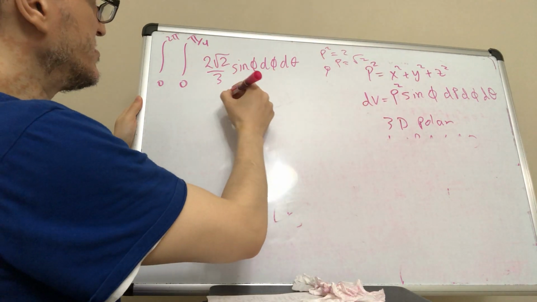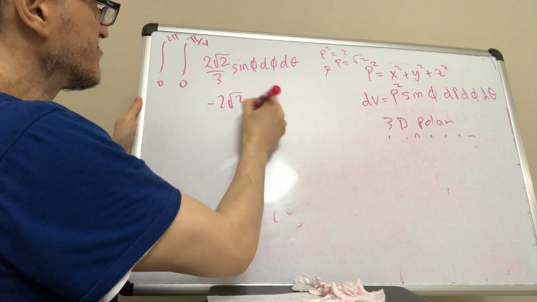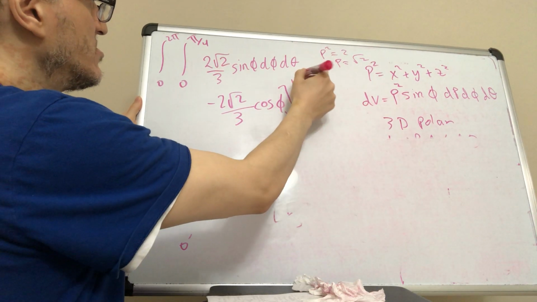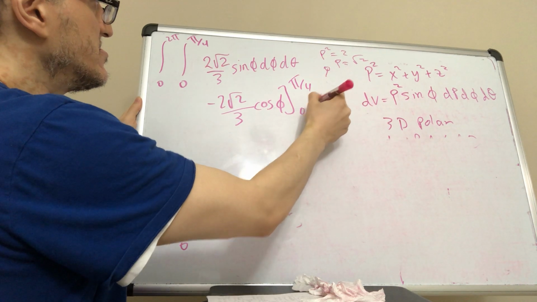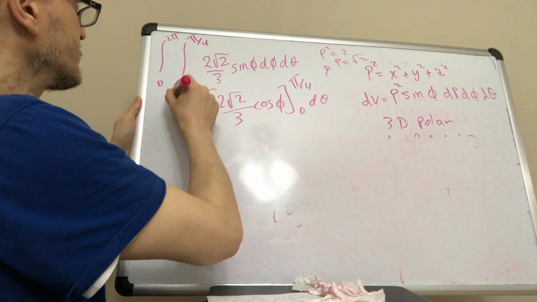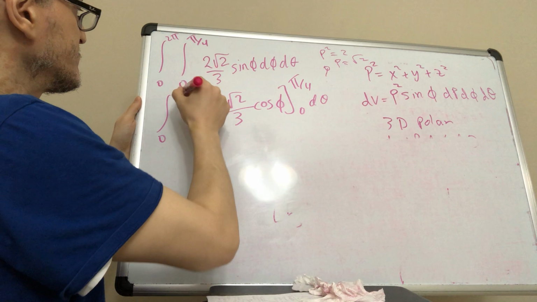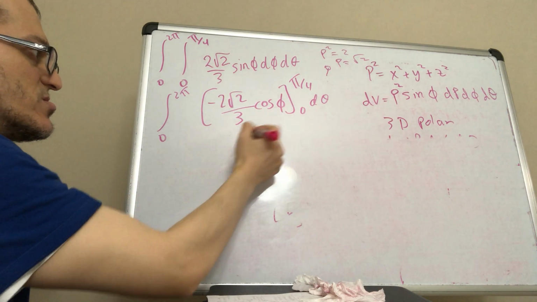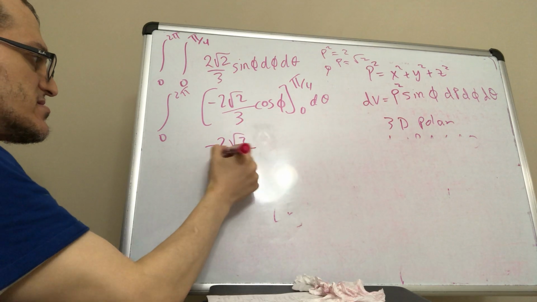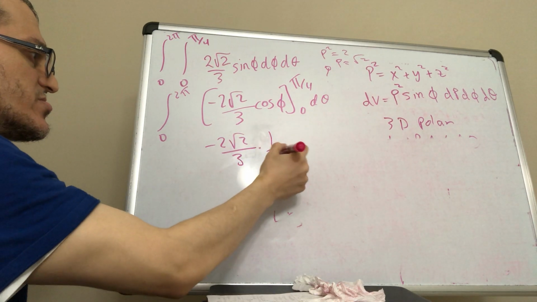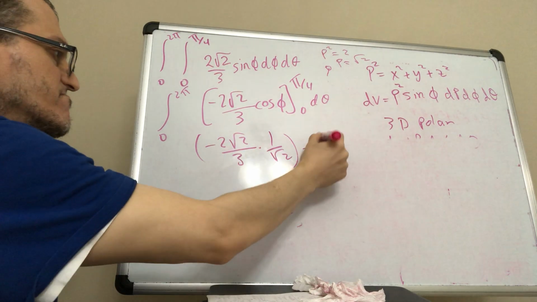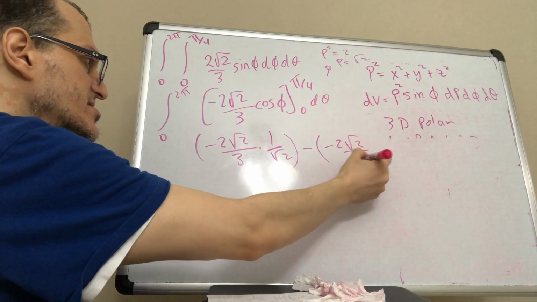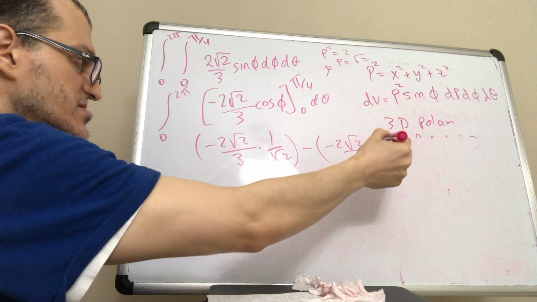Integrating sine would be negative cosine. We need pi over 4 and 0, and then do the d theta. Cosine pi over 4 is 1 over root 2, so you have this 1 over root 2 minus, you put the 0, it would be 2 root 2 over 3, and cosine 0 is 1.